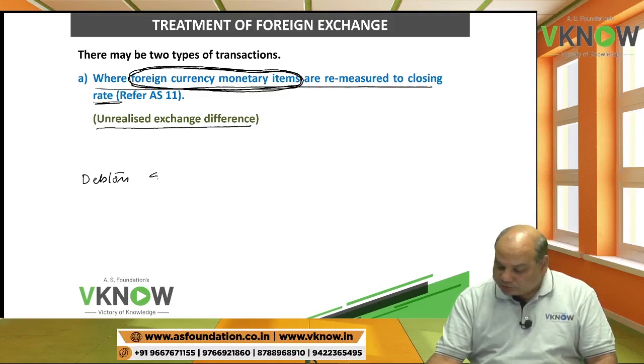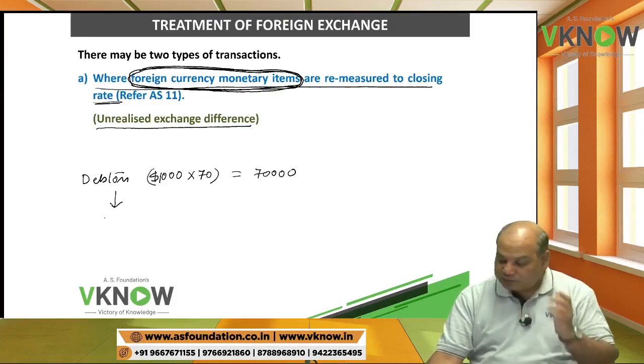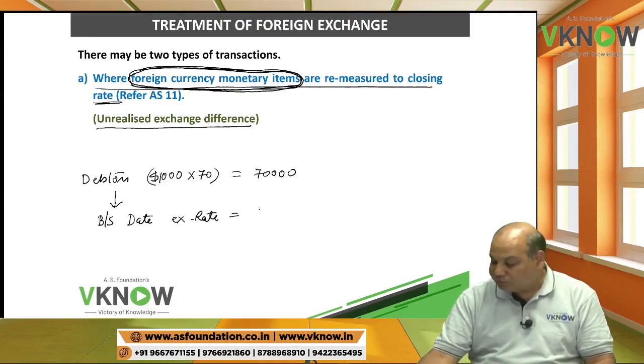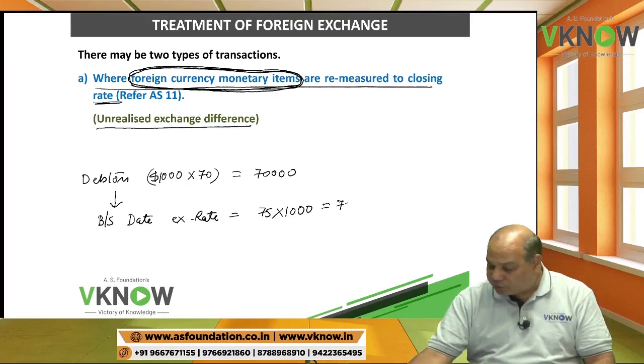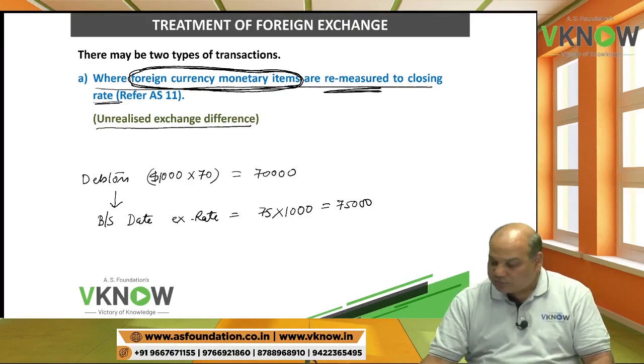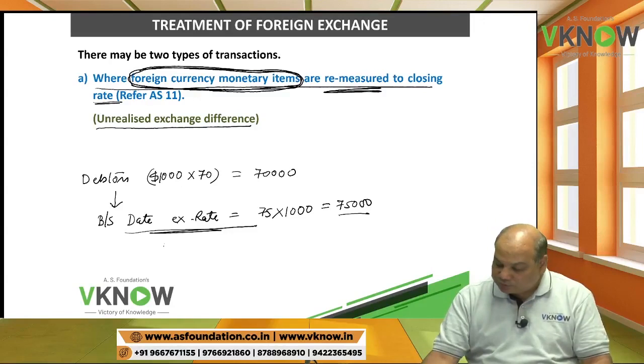Suppose debtor $1,000 originally recorded at 70,000 rupees when the sale was made. On the balance sheet date, exchange rate is 75 rupees. So I have to remeasure the debtors at closing rate, 75,000.